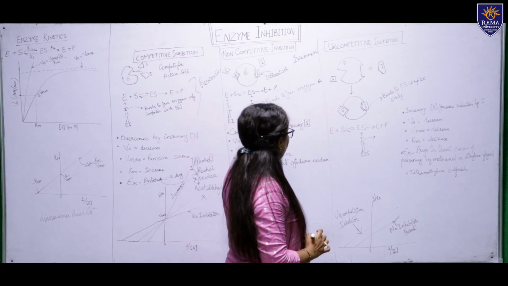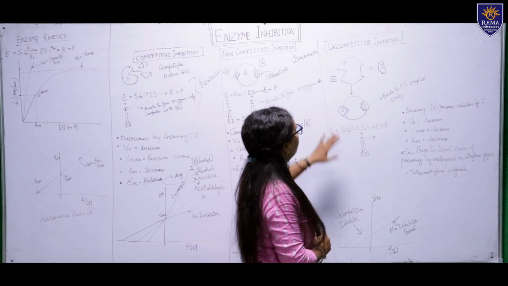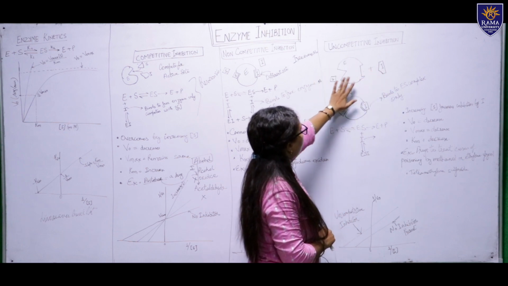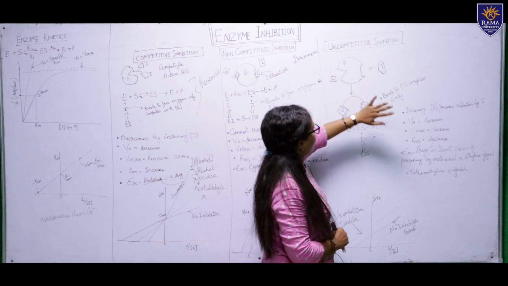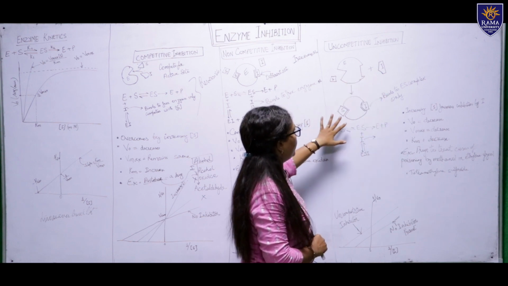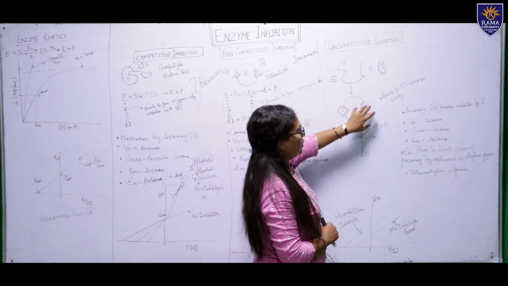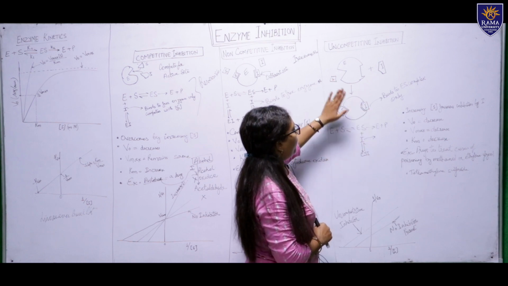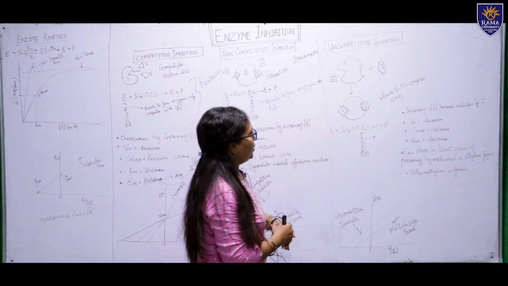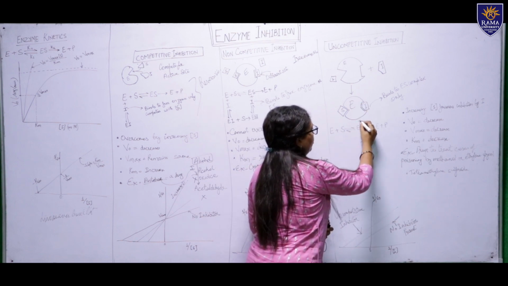In uncompetitive inhibition also, there is no structural resemblance. There is another site in the enzyme where this inhibitor binds, but it does not bind with the free enzyme, it only binds with the enzyme substrate complex.